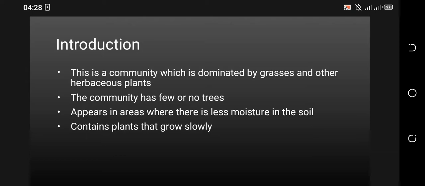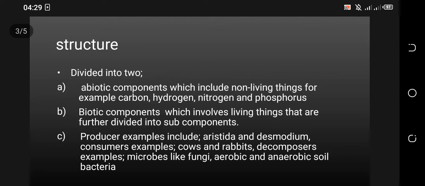So let's proceed to the structure of grassland ecosystem. Just like in the previous topics, grassland ecosystem is divided into two: abiotic components and biotic components. Abiotic components are the non-living things. In this grassland ecosystem, you may give examples such as carbon, hydrogen, nitrogen, and phosphorus.